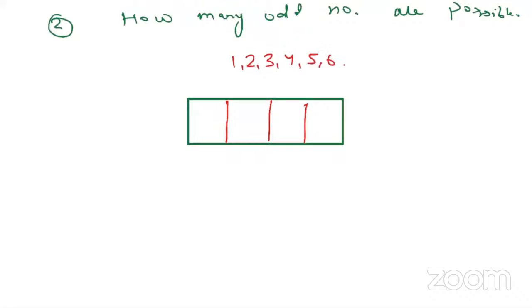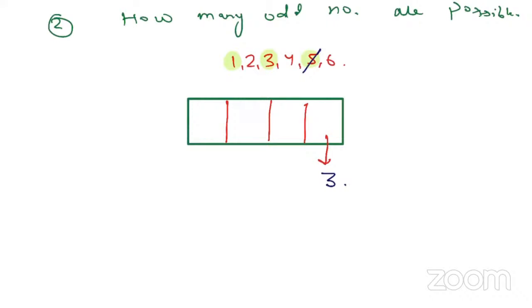There is a restriction: we have to form a 4-digit number that must be odd. The property of an odd number, you all know, is that it must end with an odd digit. How many odd digits do we have? 1, 3, 5. So we have 3 options for unit place, right? I have used this 5.